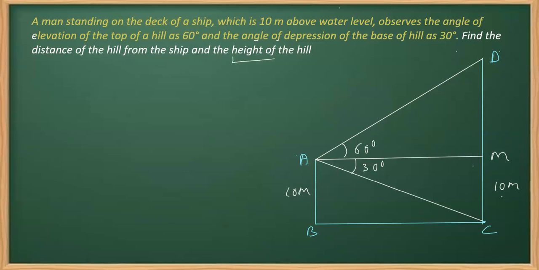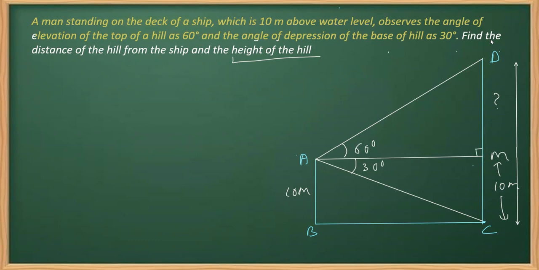What we have to find is the height of the hill. So the height of the hill, as you can see from the figure, we have to get the length of this, that is DC. As it's very clear that DC can be obtained by adding DM and CM. So we already know the length of CM. What we need to get is the length of DM, right?